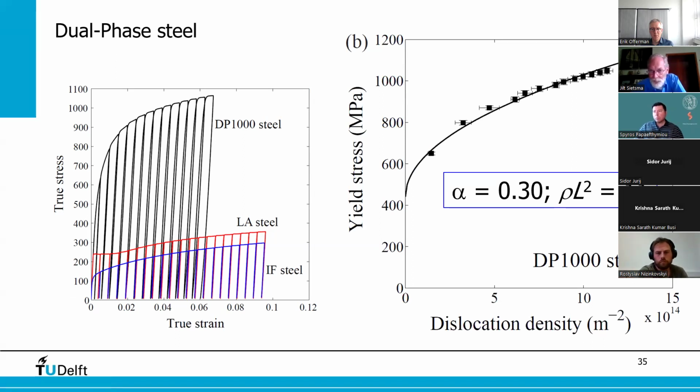So if you take one average L value, then it will sort of be okay. In this case, dual phase, the dislocation density in martensite will be a lot higher than in ferrite. And so you have a sort of bimodal segment length and dislocation density distribution, but still it works fairly well with a single, average value for L for both phases at the same time.